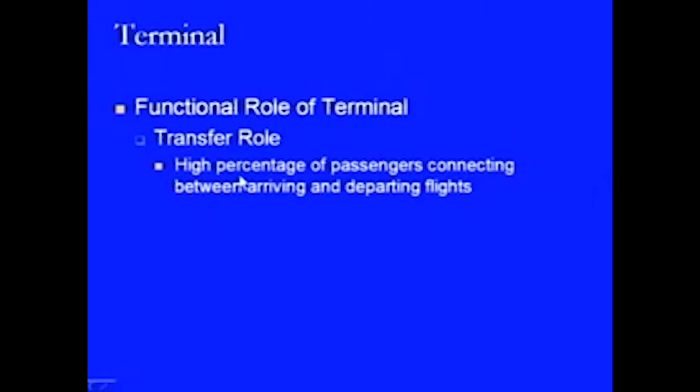Therefore, there can be a high percentage of passengers who are connecting between the arriving and departing flights, and that happens in the case of big airports or hubs, which provide connectivity from one point to another point in the world with connecting flights. At that location you will find that a large number of people are transferring from one area to the other so as to take those flights.